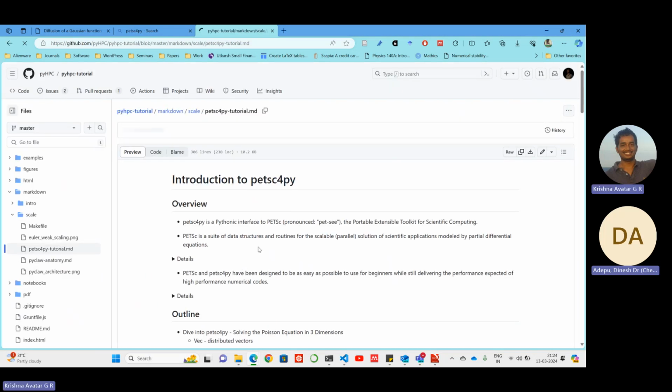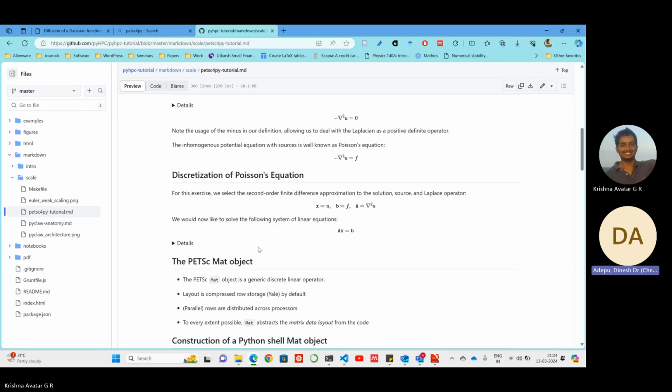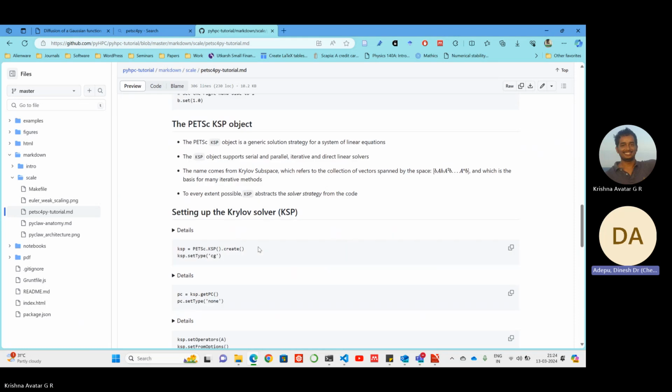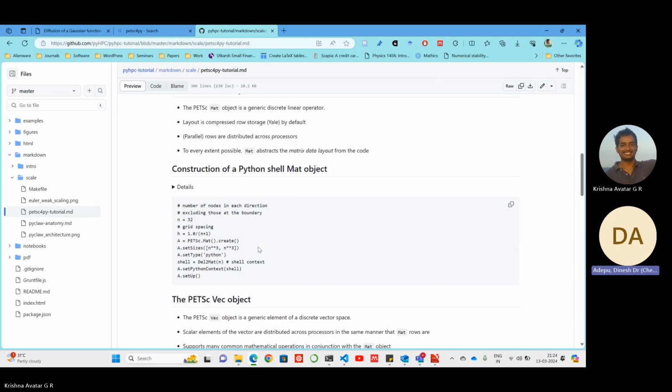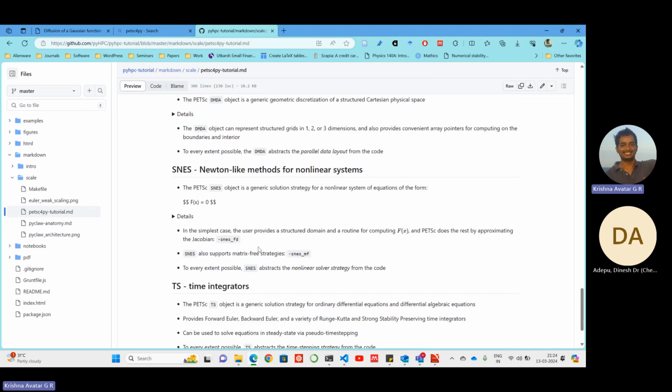The problem is Ax equal to b, which we have to solve. We will write that simple problem and see how PETSc does it. I think that is a nice way, that way we'll also learn all this.